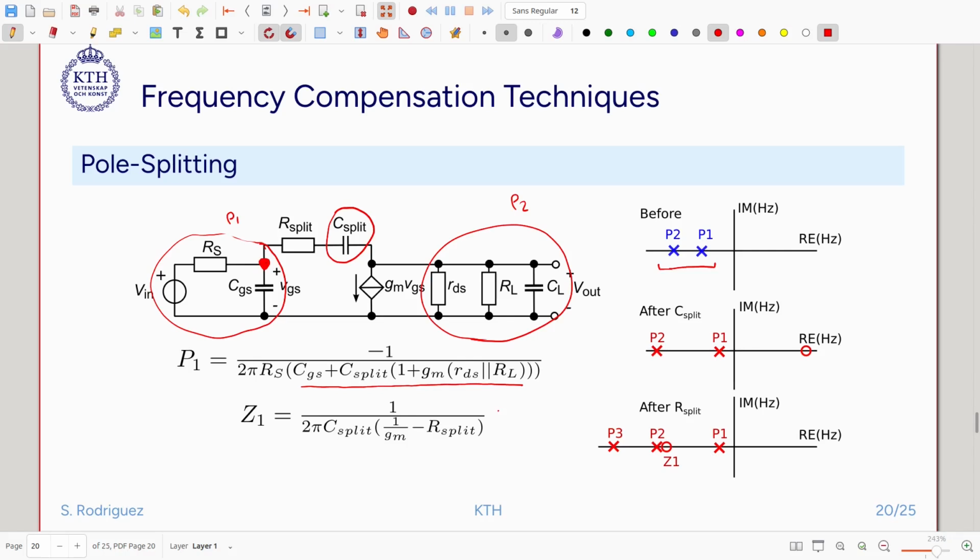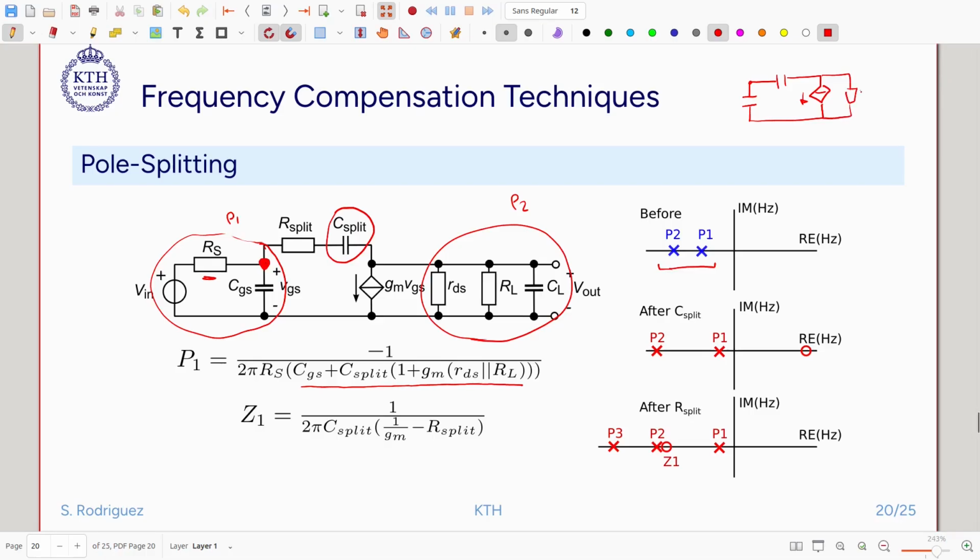Now, if the series resistance here is very large, we will have something else entering in this equation. If it is very large, I can assume that the model for my circuit will look like this.